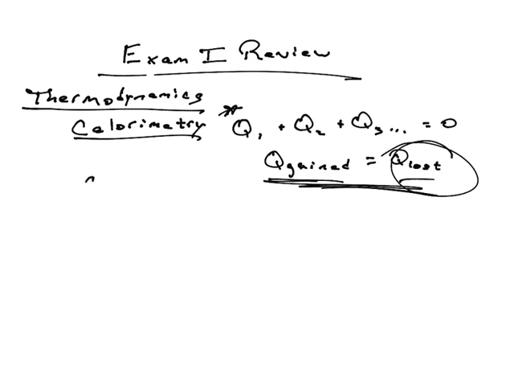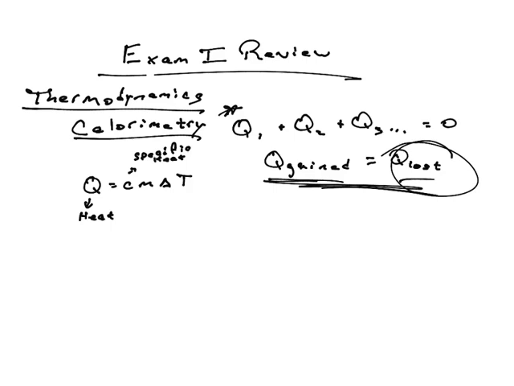The first one is Q is equal to Cm delta T, where, of course, Q is heat, C was specific heat. Specific heat, if you remember, was basically telling you what type of material we are talking about. Different materials will take different amounts of heat energy in order to change their temperature.